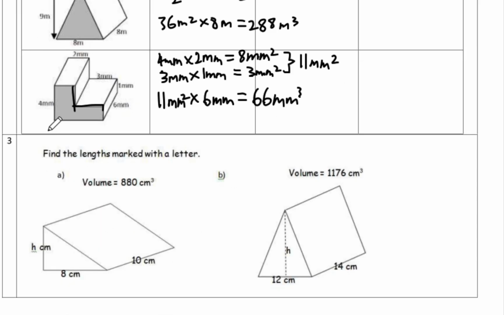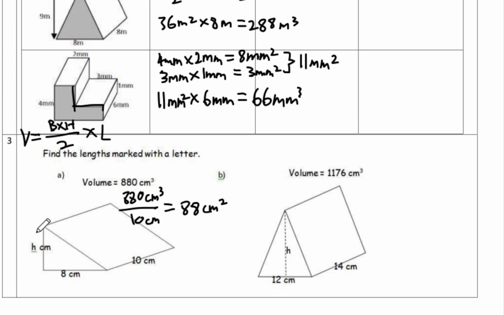Question 3. Find the length marked with a letter. So to find the volume of a prism, we will need to take base multiplied with the height to get the triangle, and over 2 to get the area of the triangle, and multiply it with the length. So we'll use this formula to find the height. So we will take 880 cm cubed divided with the length, which is 10 cm, and we will get 88 cm square.